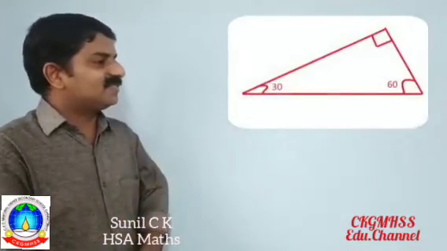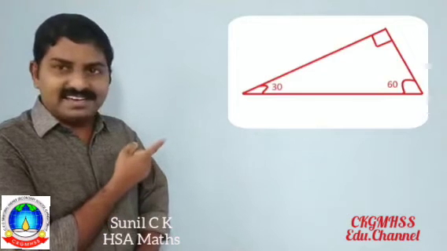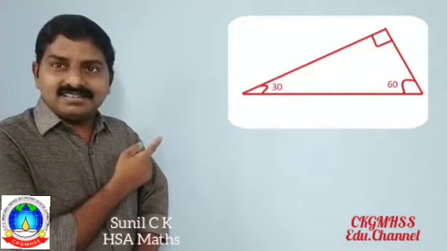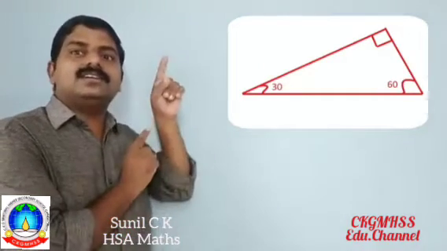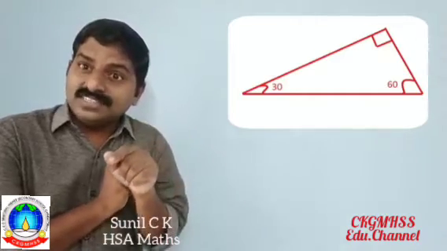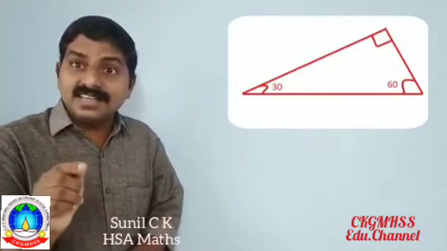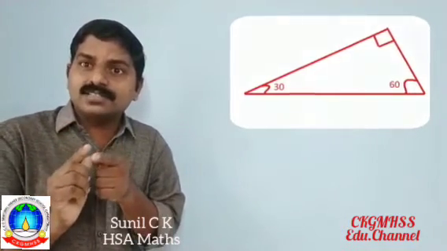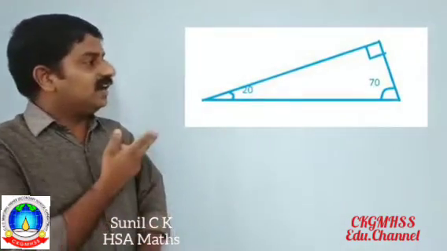See the figure. Here the two angles at the ends of the line are 30 degrees and 60 degrees. Therefore, automatically the third angle becomes 90. Instead of taking 30 and 60, we can take so many other pairs. The condition is that the sum of the two angles equals 90 degrees. Instead of 30 and 60, I am taking another pair.